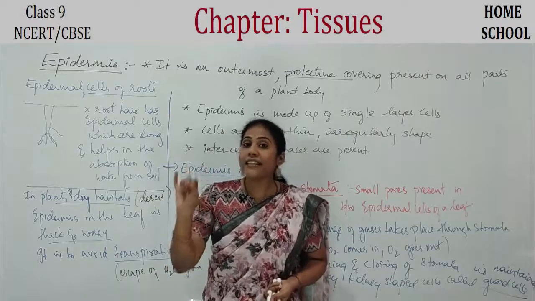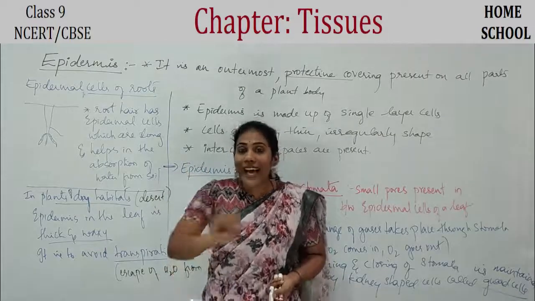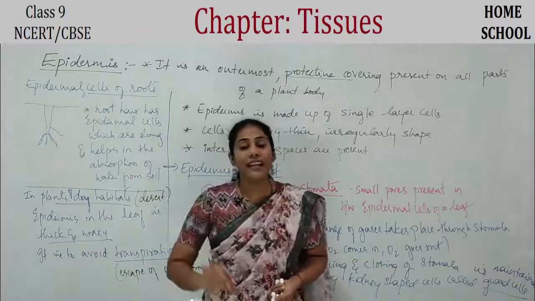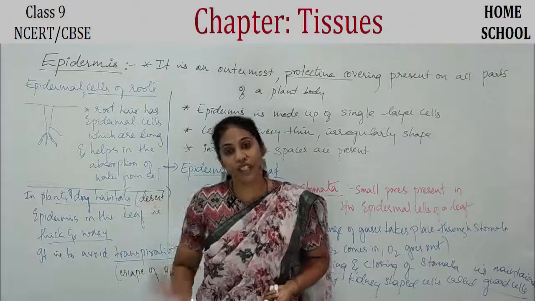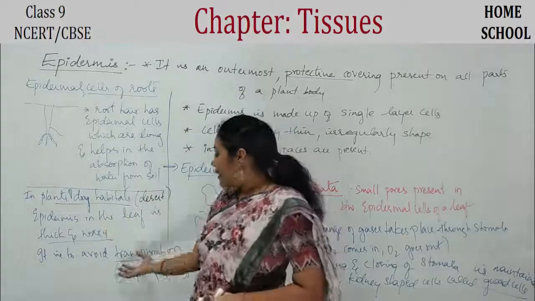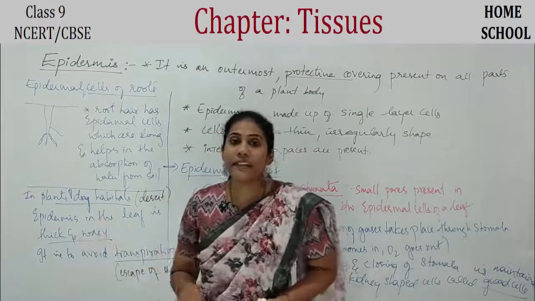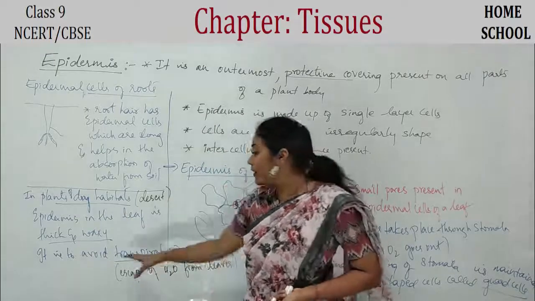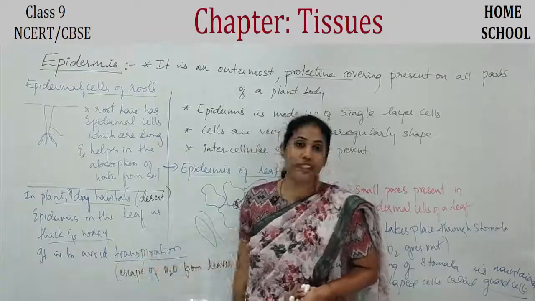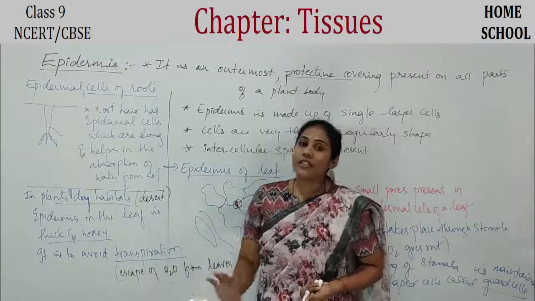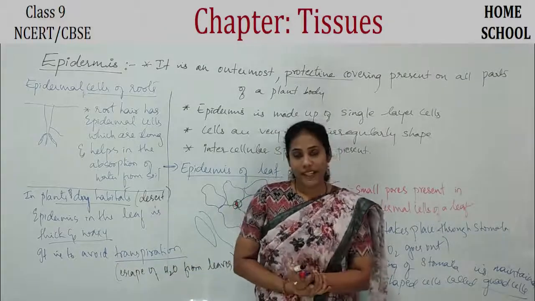They are designed in such a way that they have a waxy coat and the cells are very much thicker. Okay, so that transpiration can be avoided. Clear? And also it can give extra protection for the leaf, right? So this is all about epidermis, guys.